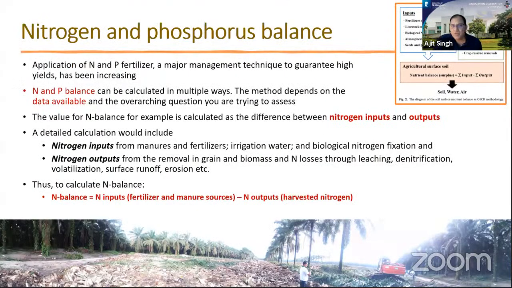All right, nitrogen phosphorus balance, how is it computed? Based on the cycle, you saw that there is an input, there is an output. Look at it here, beautifully described by Lim et al. So there is an input through fertilizer, manure, through livestock or residues. There is nitrogen fixation happening.